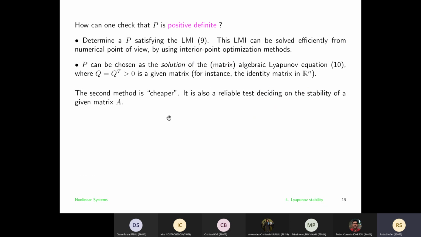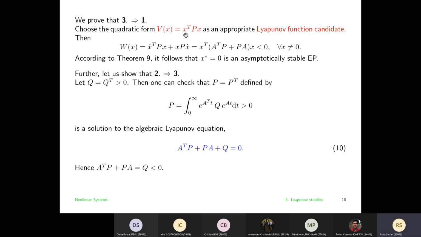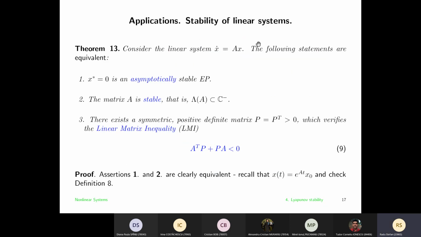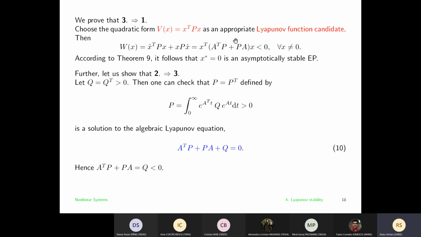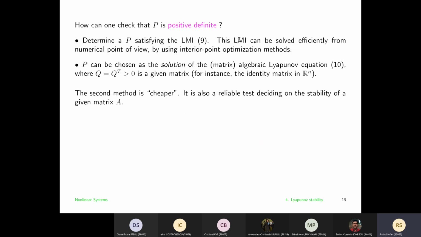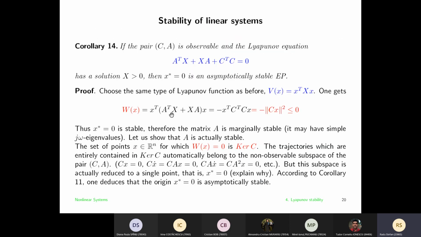It always does this. Whenever you take a quadratic form as a Lyapunov function candidate for a linear system, if you take the derivative, you will end up with this term. We took x instead of P here. But if we look at this equation, we see that we actually get minus x transpose C transpose C x. But this is nothing else than the vector Cx multiplied by its transpose.